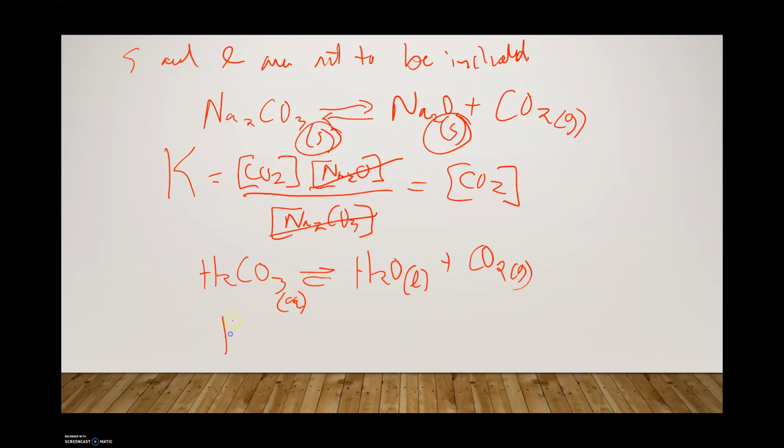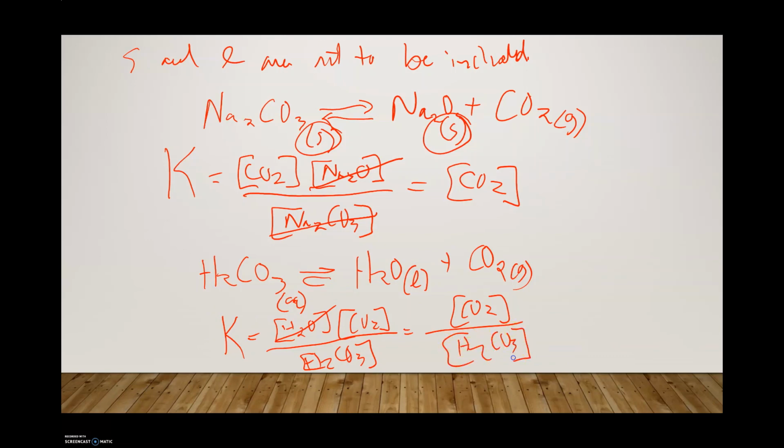When you write the equilibrium expression, you're going to have K is equal to the concentration of H2O times the concentration of CO2 divided by the concentration of H2CO3. We learned a minute ago that liquids and solids are not to be included, so the H2O is going to go away. Now we're left with the concentration of CO2 and the concentration of H2CO3. So this shows you a couple of examples of how solids and liquids are not to be included.